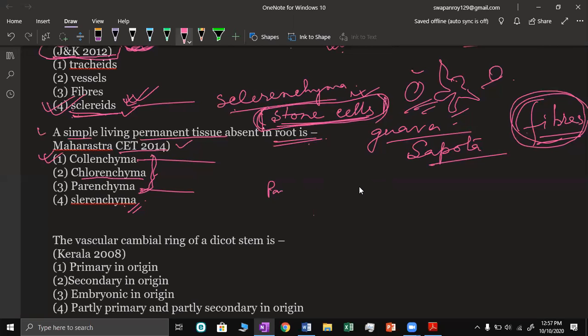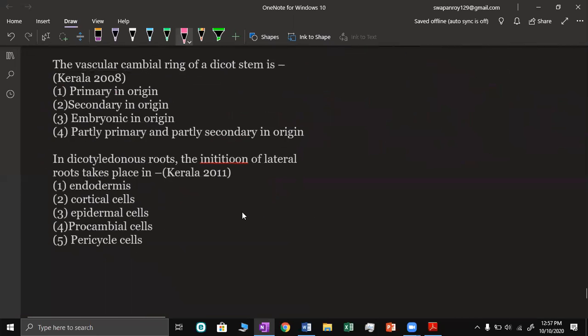Collenchyma is not found in root. Collenchyma is found in stem, particularly in the dicot stem. So our answer is collenchyma. Next question.